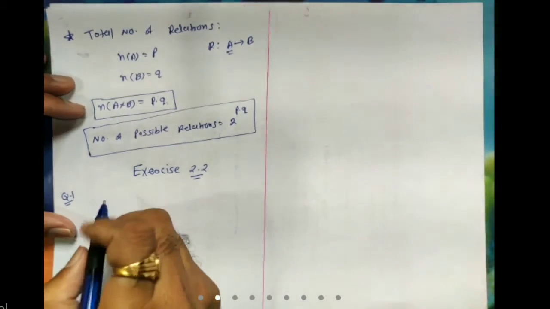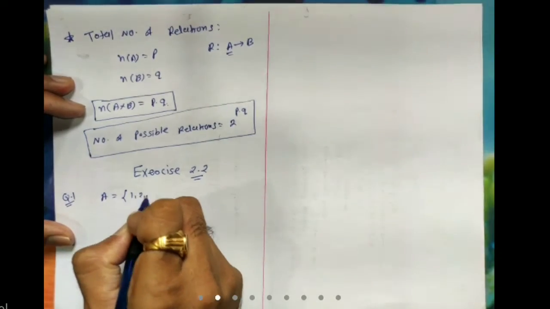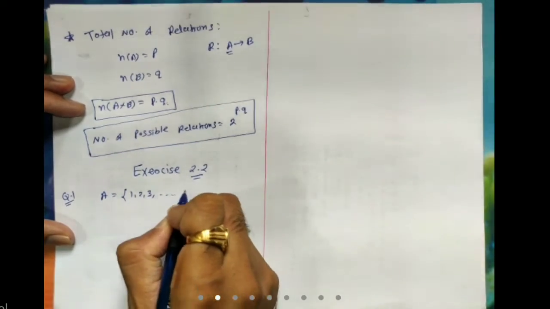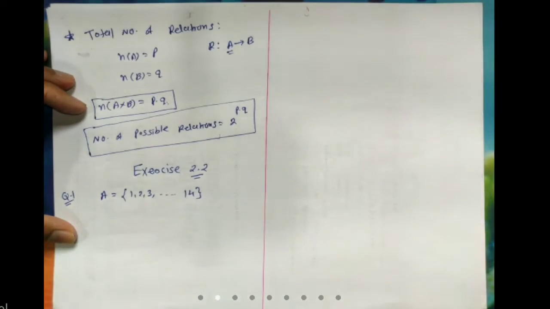Elements of set A are given: set A equals 1, 2, 3 up to 14. This is set A. Now define a relation R from set A to A.